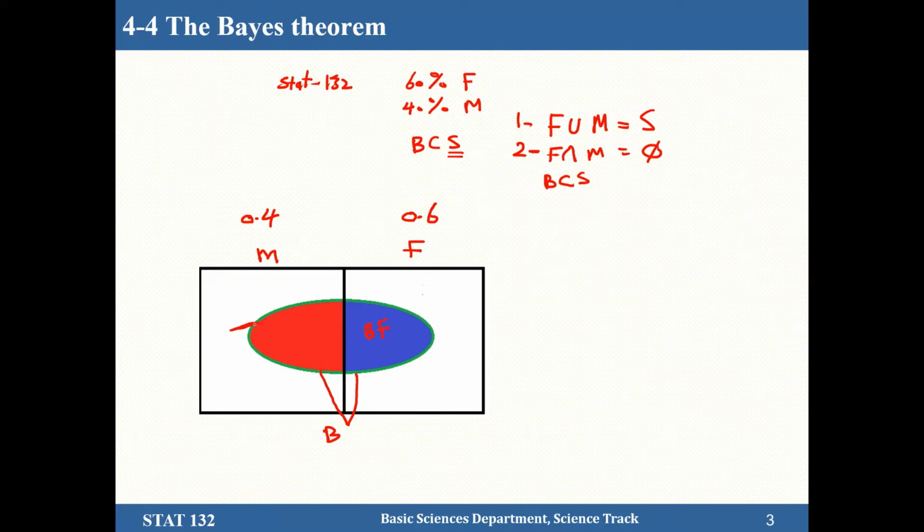And this is success and male. This one and this two. How to find this one and this two? This all is success. Success is B. So to avoid confusing you, B is success in statistics.